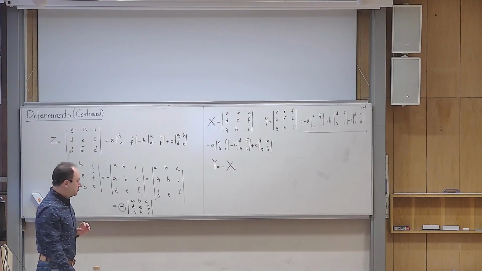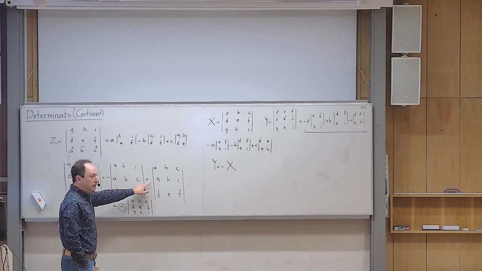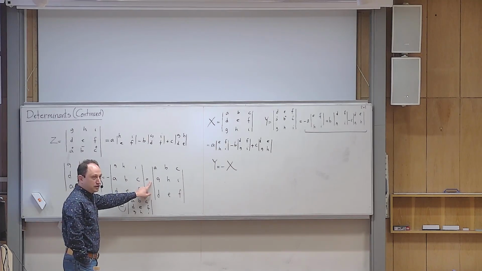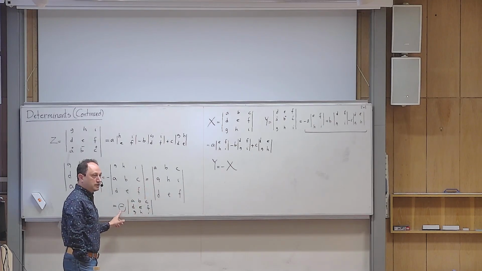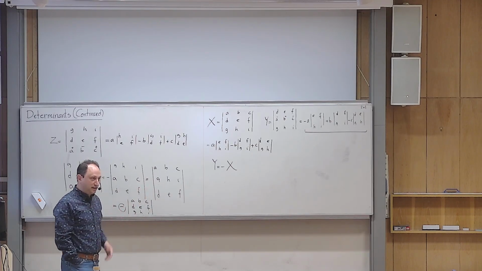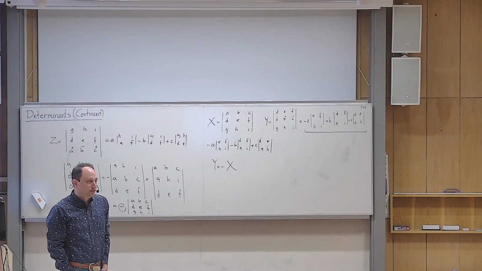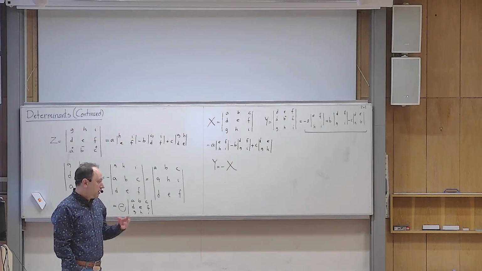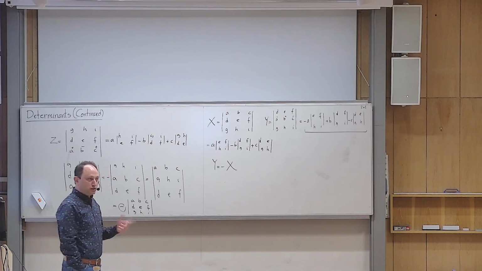So this is important. What do you think is crucial? Because sometimes in the middle of the way, I have a positive sign. But I'm claiming that I will always and always end up with a minus sign at the end. It is not that trivial. You have to convince yourself that it's the case. So what does it mean? It means that always I need an odd number of interchanges to do this.